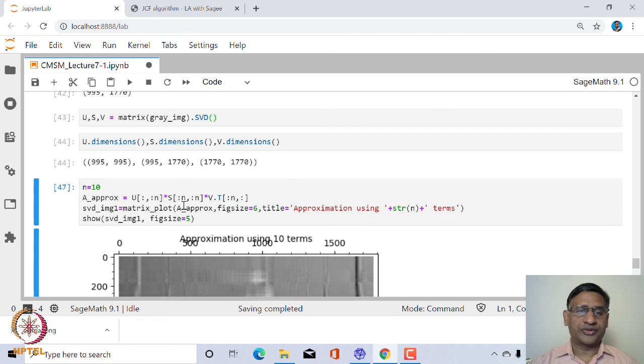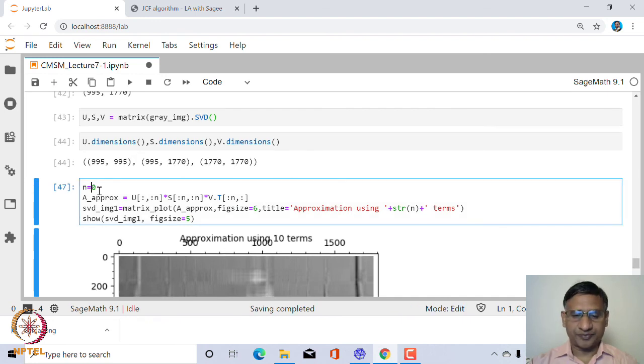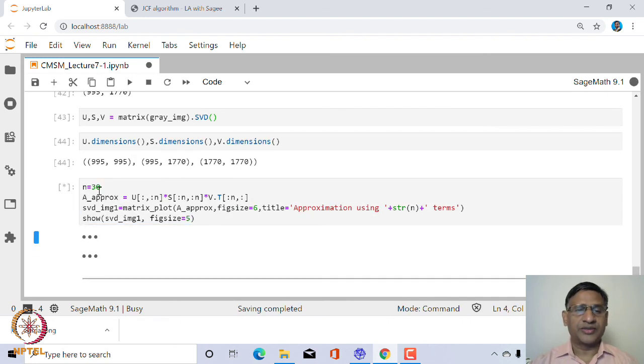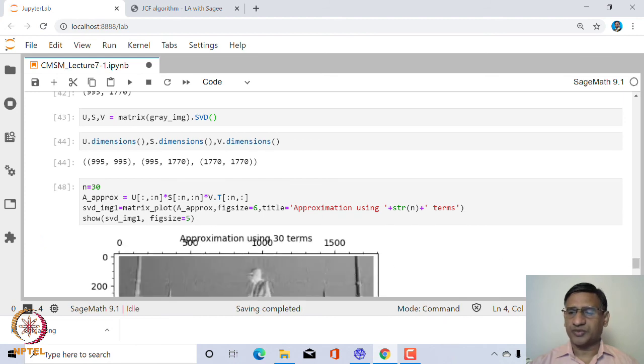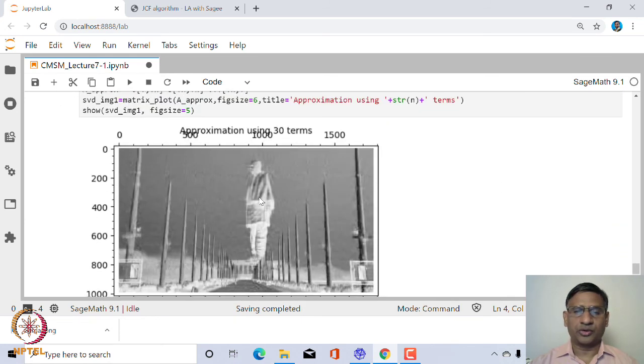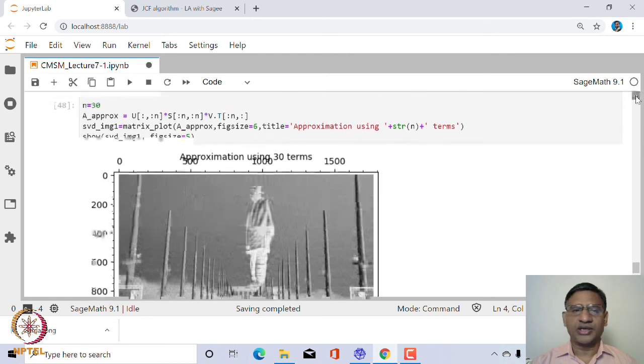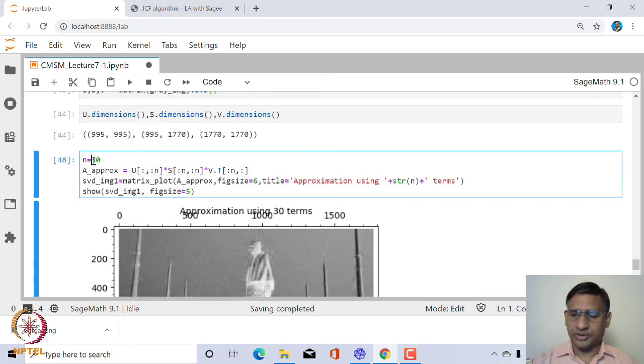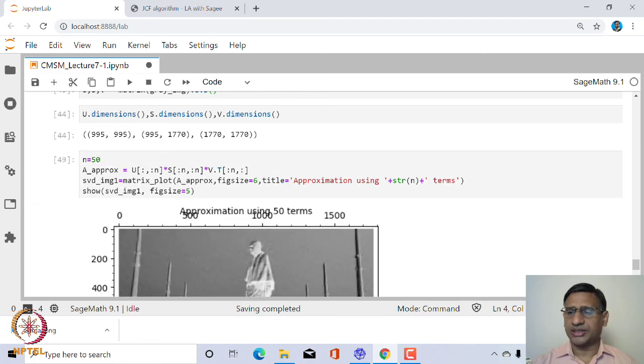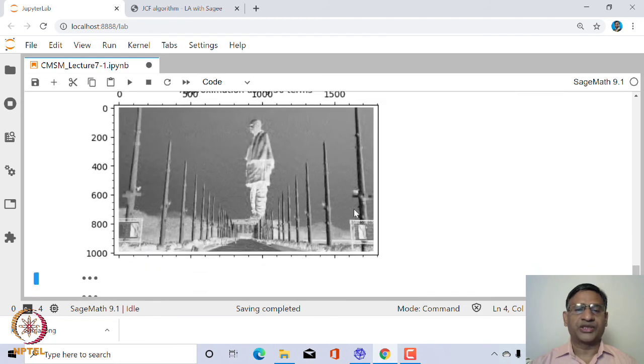Instead of 10, if I make it, let us say, 30, then it will be much better. You will be able to see it almost quite clearly, and if you take 50 terms, then the approximation is again very clear, right.